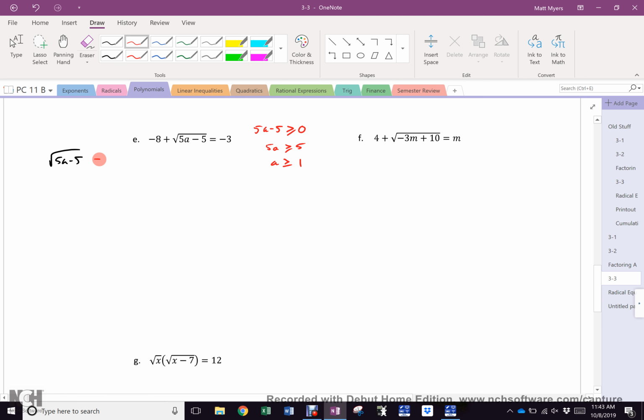So 5a minus 5, root 5a minus 5, equals, that comes over there, and we get plus 8 equals 5. Then, of course, we square both sides. 5a minus 5 equals 25. 5a equals 30, and a equals 6. Is 6 greater than 1? Yes.